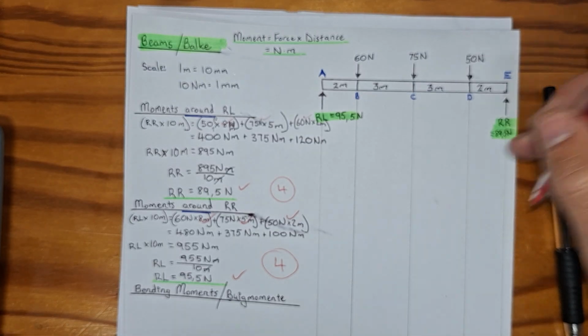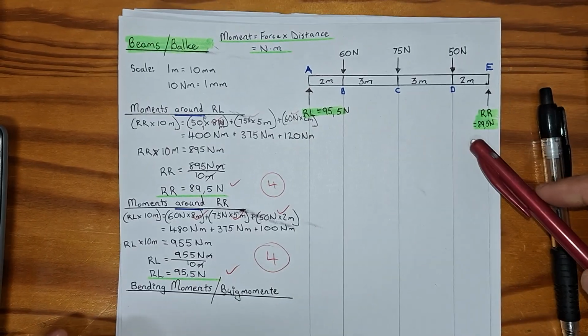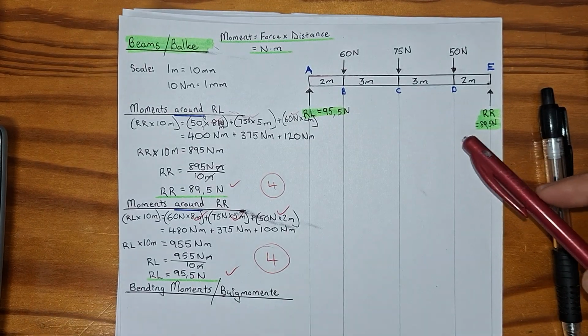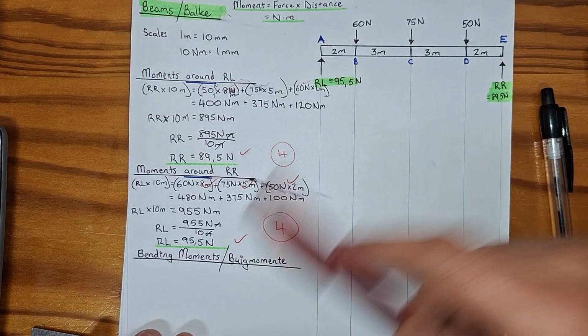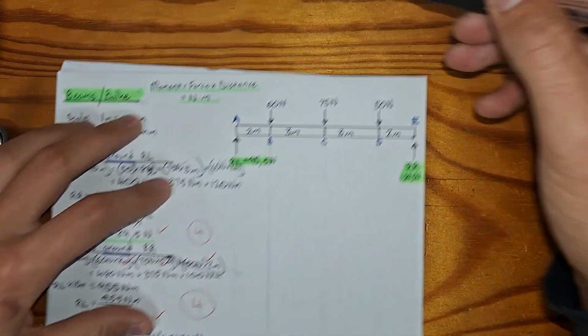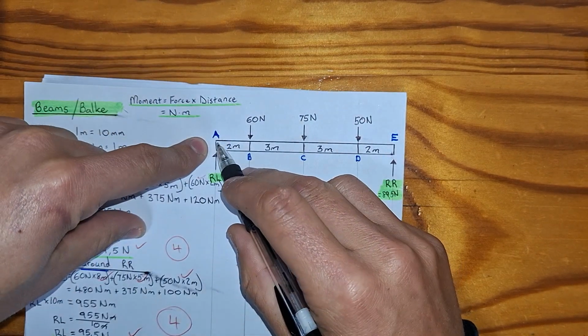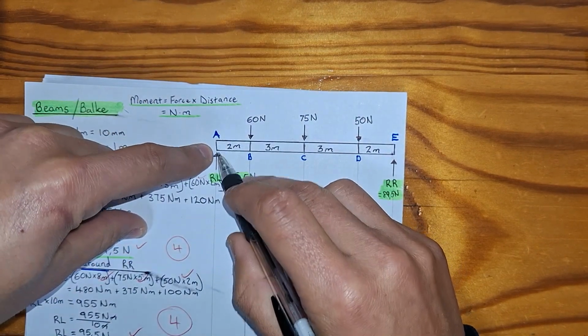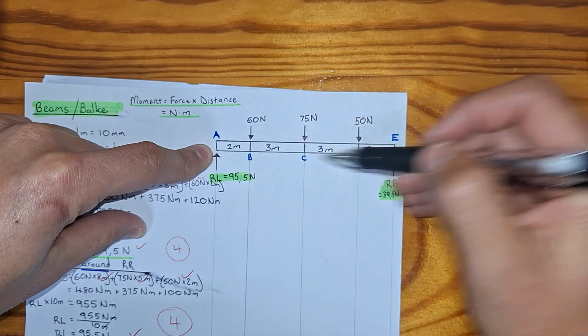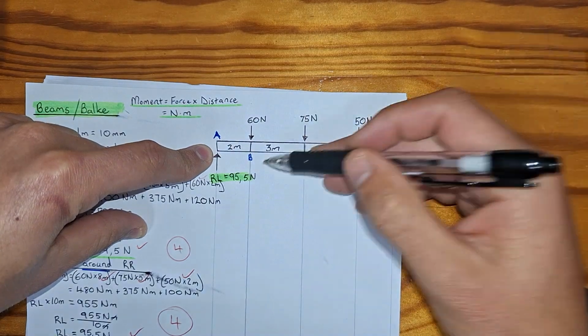Okay, so now that we've calculated reaction left and reaction right, we can go and calculate the bending moments. Normally they don't ask you to show the bending moments at A and at E, or the first and the last ones.